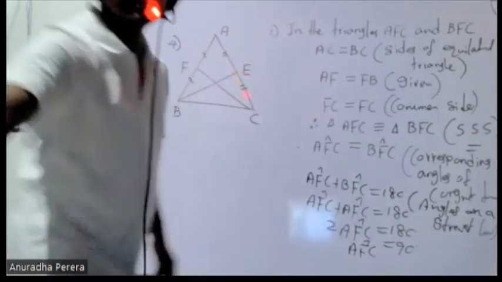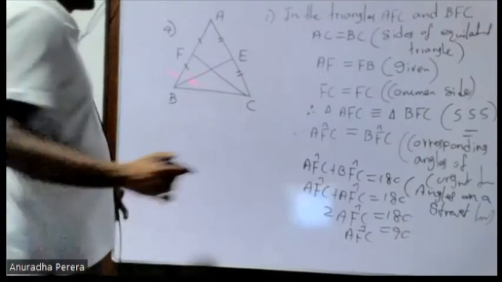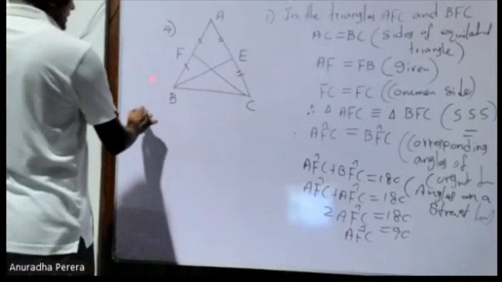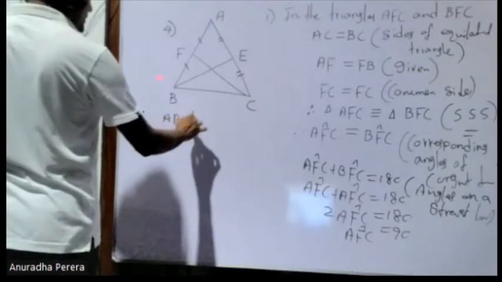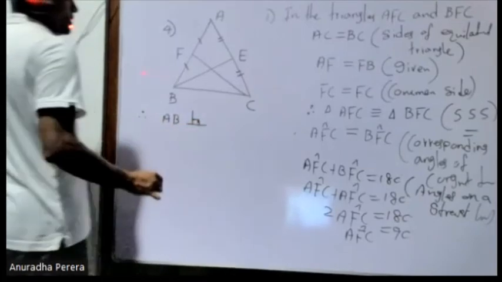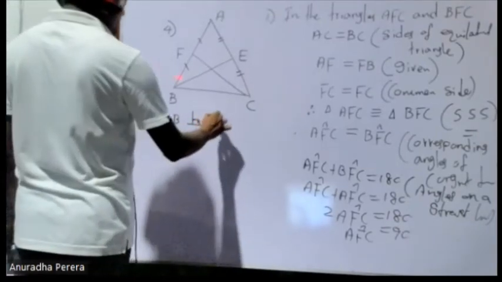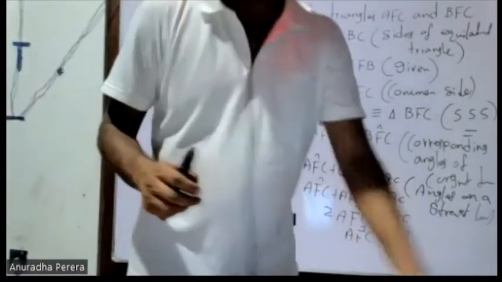AFC is 90 means AB is perpendicular to FC, and you can use this symbol. Right?